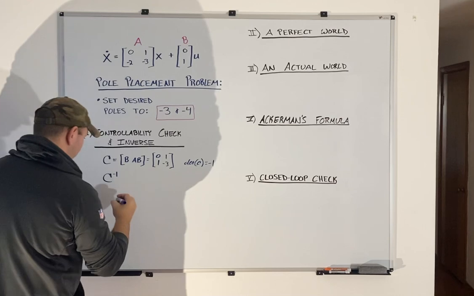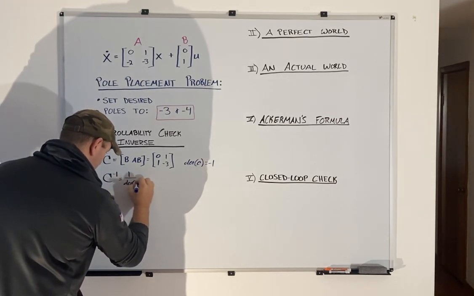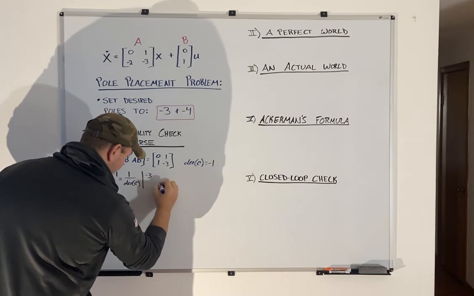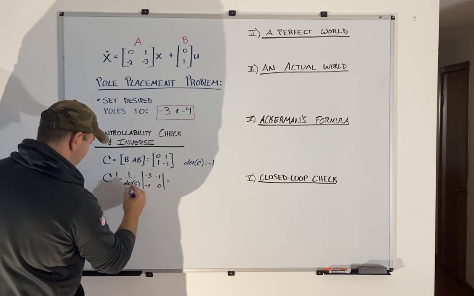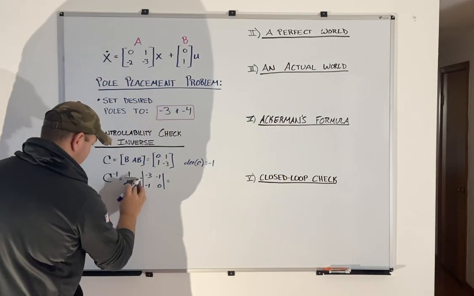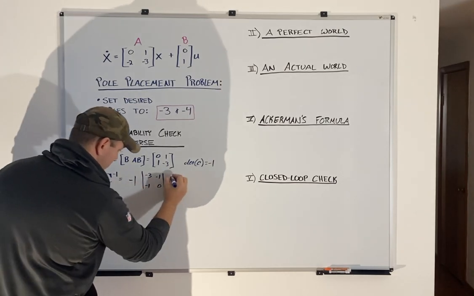So C inverse, where the determinant was -1, is equal to 1 over the determinant of C times the matrix where we flip the diagonal entries, -3 and 0, and flip the signs on the others. With the -1, let's build that matrix.